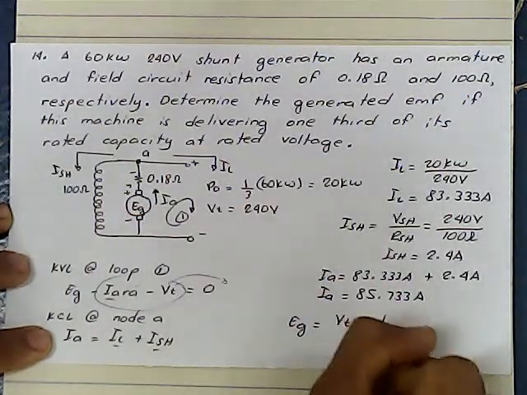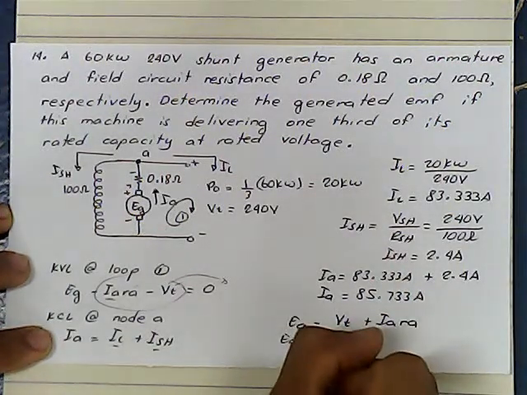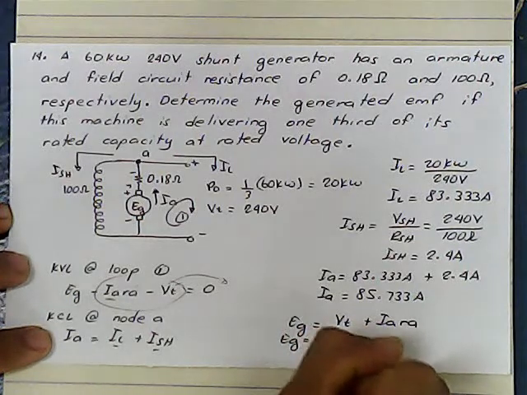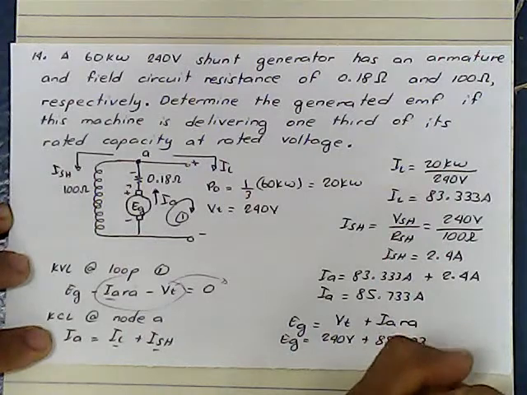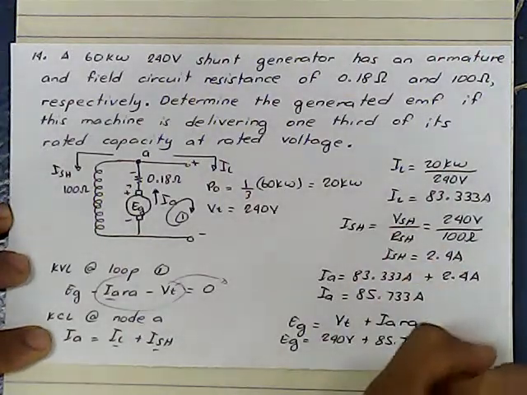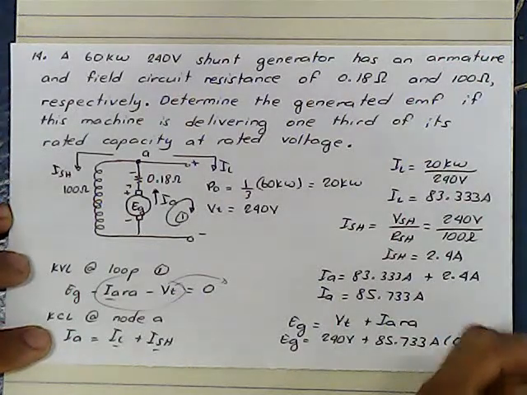VT plus IARA. So EG is equal to, we have there 240 volts plus 85.733 amperes. Multiply this by 0.18 ohms.